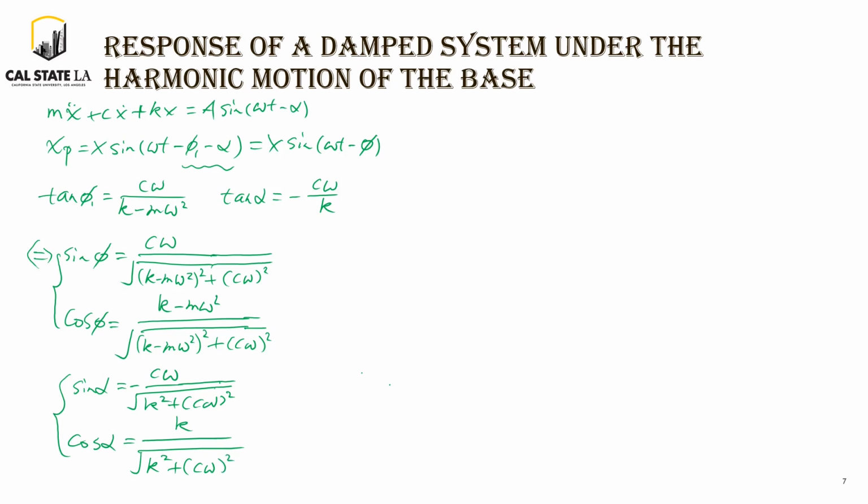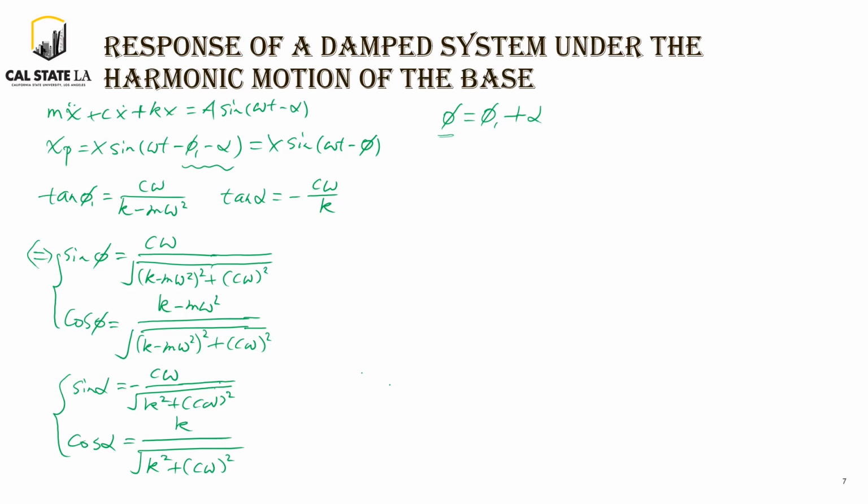So this is what we have so far, right? So next, we know that phi angle is equal to phi 1 plus alpha. This is something that I defined, right? I want to find the expression for this angle phi.